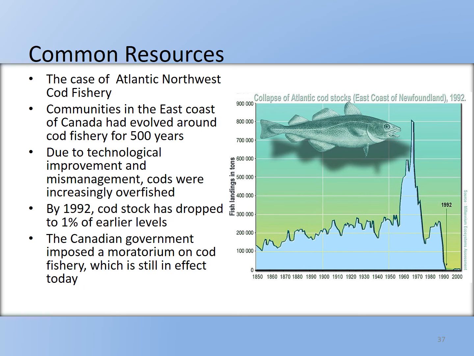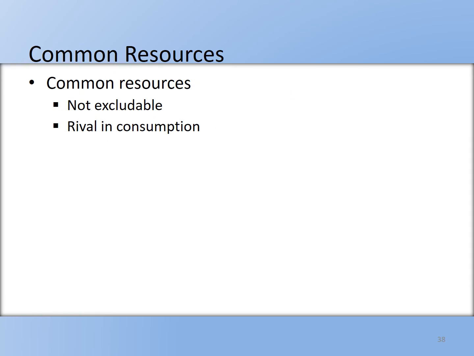In the United States, strict limits are imposed, and the limit has been reduced in recent years because even with the limit in place, the fish stock hasn't been recovering as quickly as people have hoped. So an even stricter limit has to be put in.